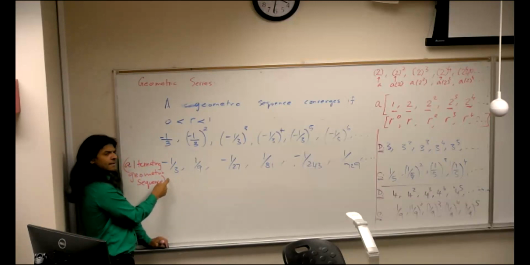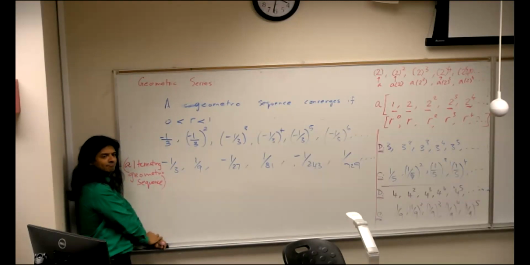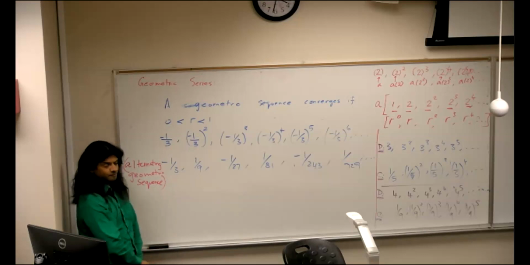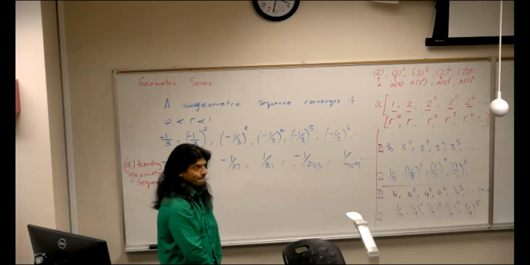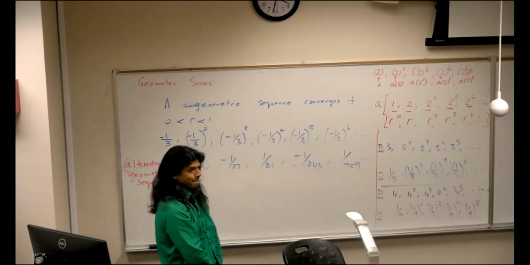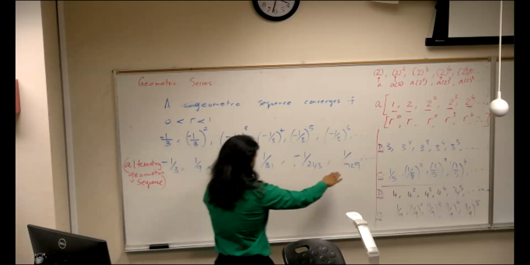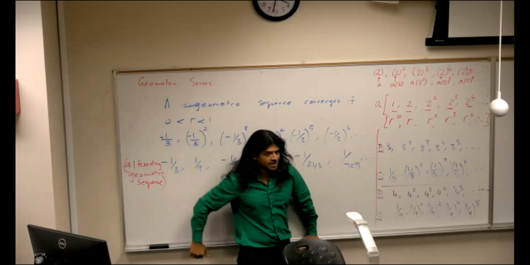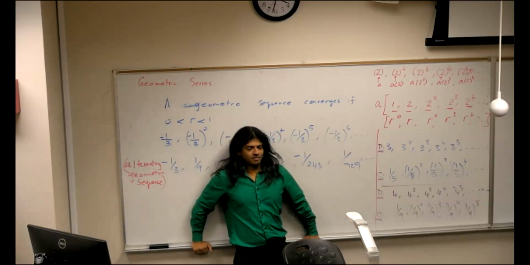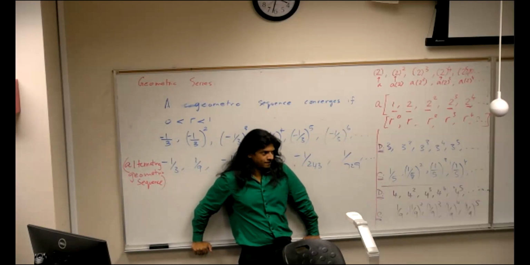Now here is the question. Do you think that alternating sequence converges or diverges? Caleb says it doesn't approach anything, so it is divergent.